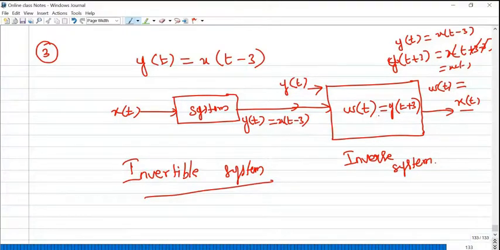In this example, w(t) equal to y(t) plus 3, where y(t) is the input to this system. So we will get w(t) equal to x(t), the actual input to the first system. So we are able to recover this x(t) by designing an appropriate inverse system. Therefore, the system is an invertible system.